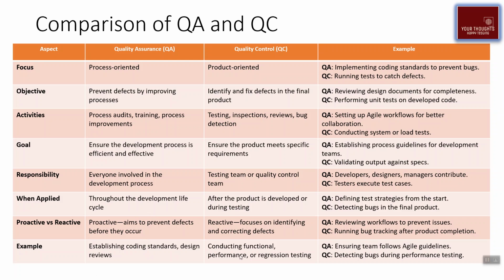In the QC part, we are dealing with different types of testing, like functional or non-functional. The purpose is ensuring the team follows the agile guidelines. That is one example in QA, where we do reviews and inspections, while in QC we detect bugs during performance testing.